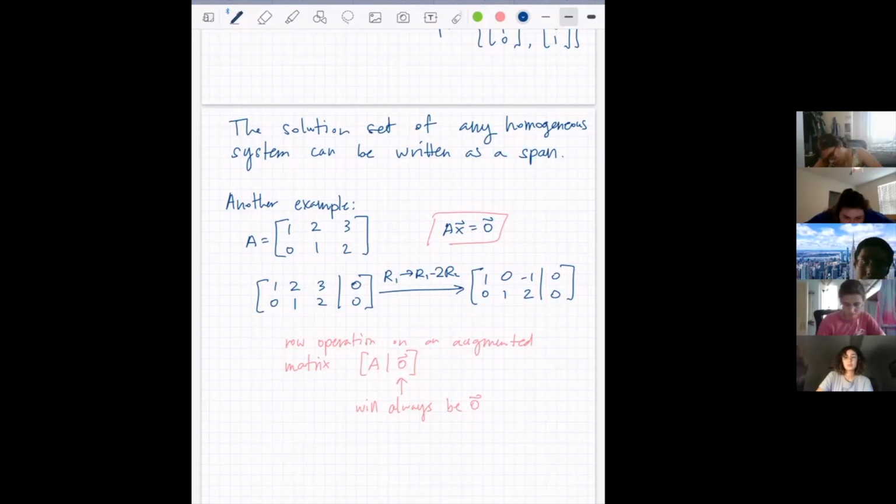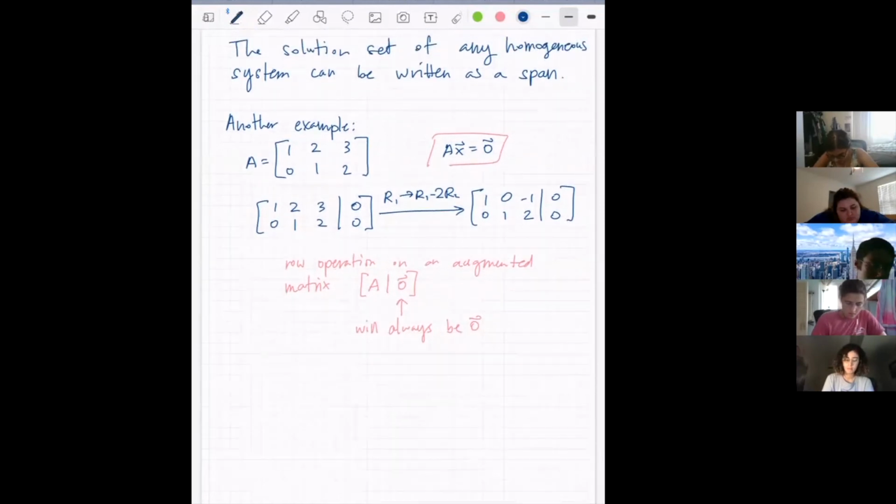Okay, cool. So this is completely row reduced, right? So it's in reduced row echelon form, and coming from this matrix, we get x1 minus x3 equals 0, and x2 minus 2x3 equals 0.